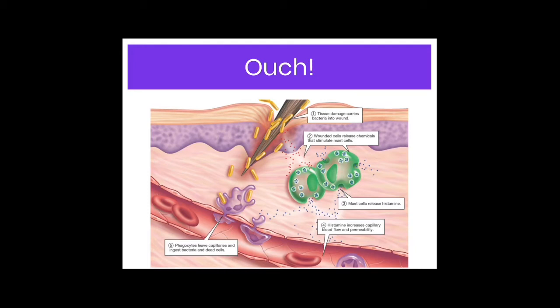That histamine is going to dilate the blood vessels in that area to increase blood flow, which is then going to increase the amount of white blood cells from the lymph that are then going to ingest those bacteria or the invaders. So the more damage to the area, the more chemicals that are released, the more dilation, the more white blood cells that you're going to have in that area.